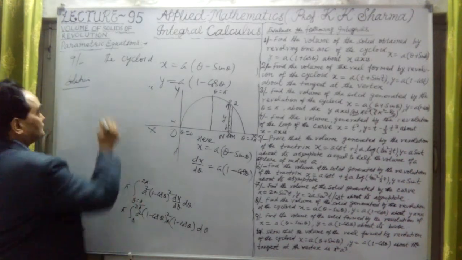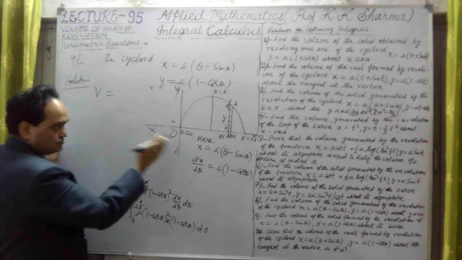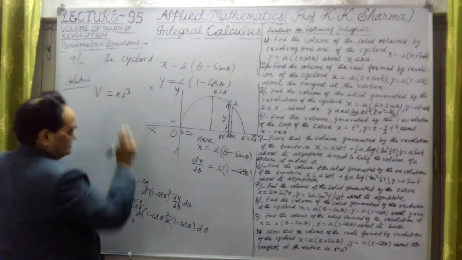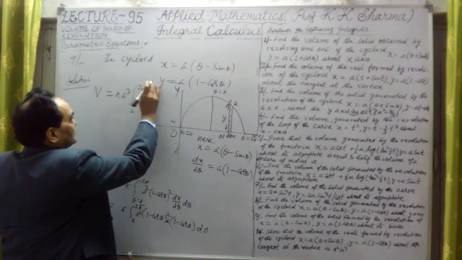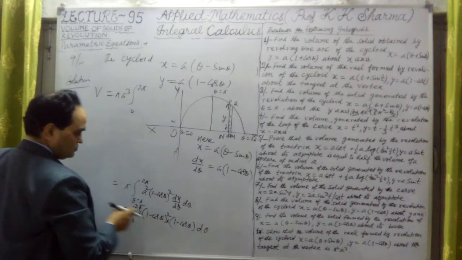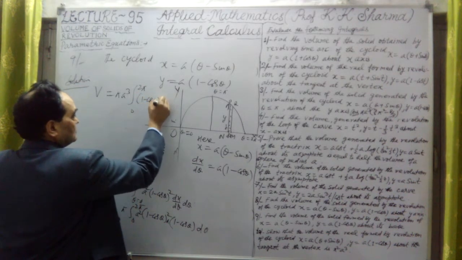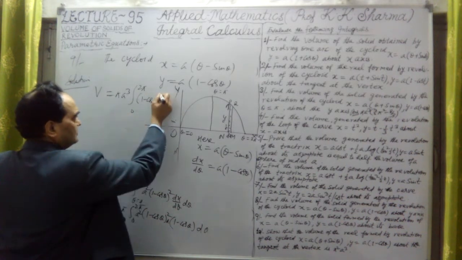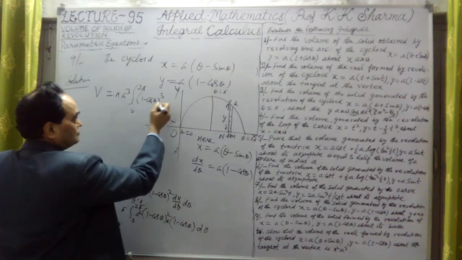Therefore the volume of the solid generated around the axis of x is equal to pi into a cube, because a square into a, limits 0 to 2 pi. So this will give us 1 minus cos theta whole square into 1 minus cos theta, that is 1 minus cos theta whole cube.